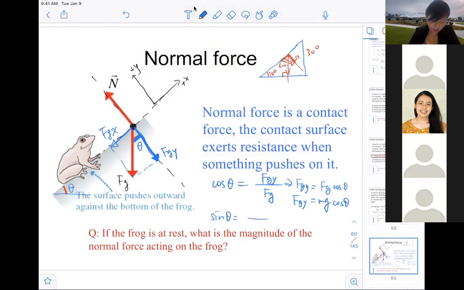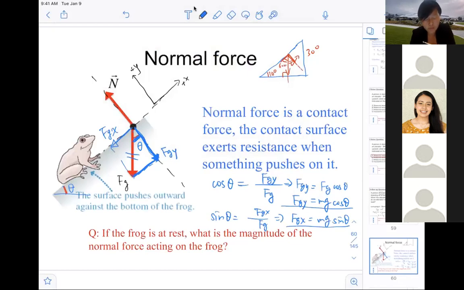Sine theta is this line here, which is F of gx over F of g. That is mg sine theta. Okay, so that is the component of your weight, so that now we can set up our equations in X and Y much more easily.